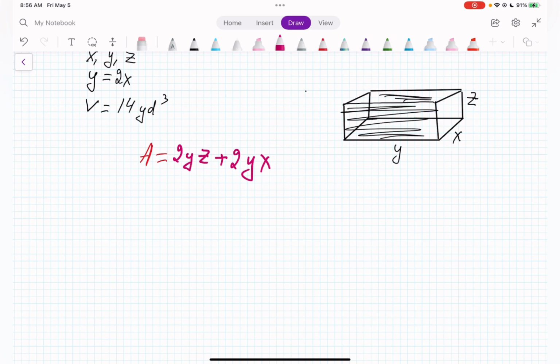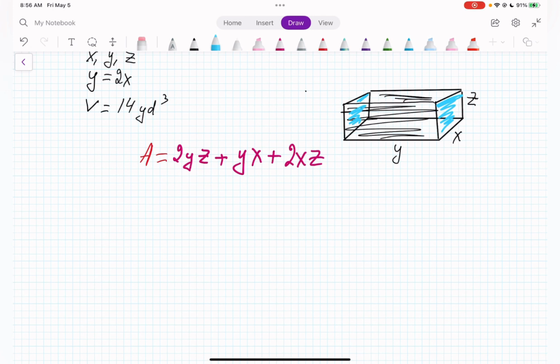So I'm cleaning these two, we understand? Because it's a dumpster, the top has to be open. So y and x is going to be only 1, not 2. And then plus, same way, 2xz. Let me shade this one, this side.